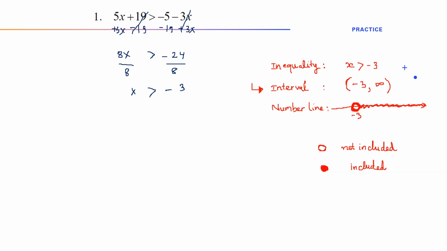And when you have the open point, you have to use the parenthesis. And for the closed point, we use the square bracket. Also, for negative infinity, we always use the parenthesis, and positive infinity as well.